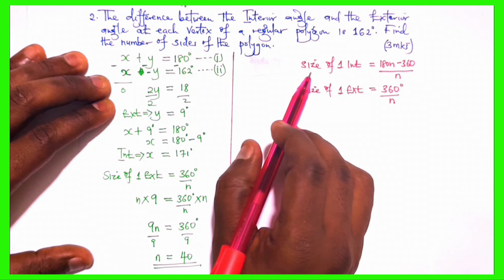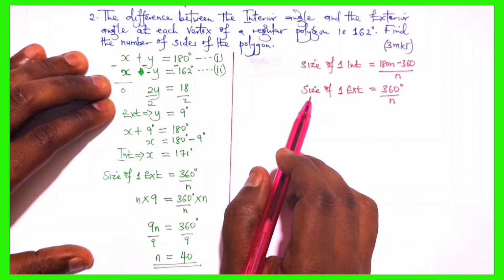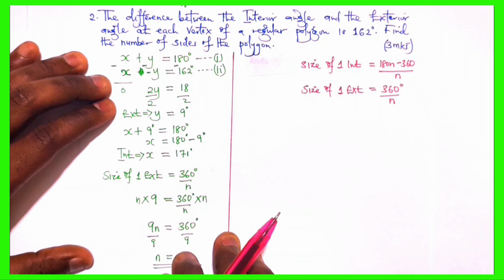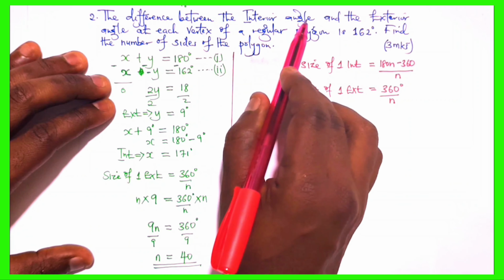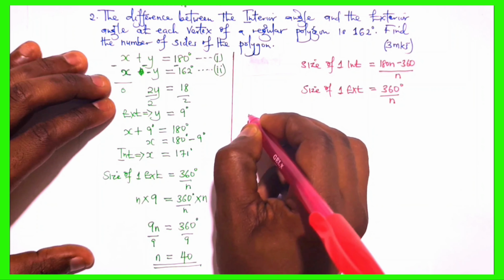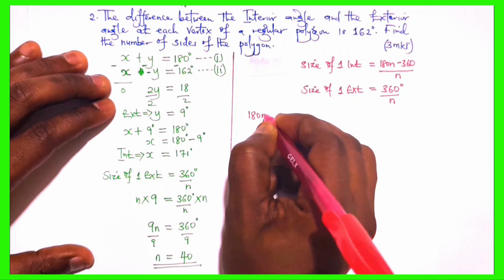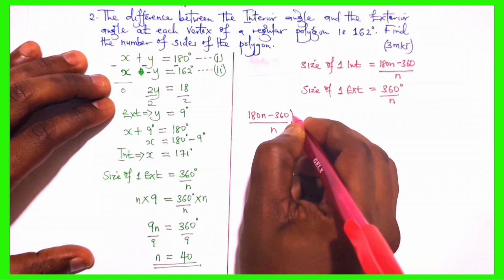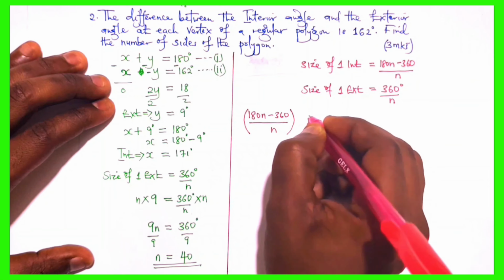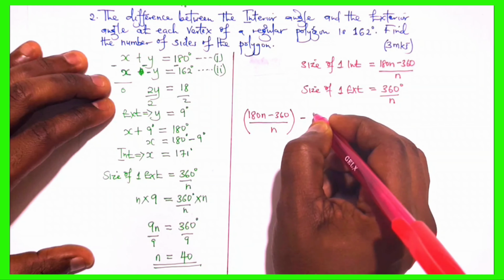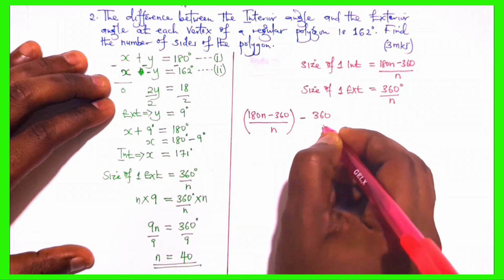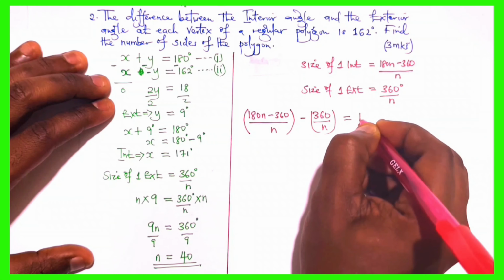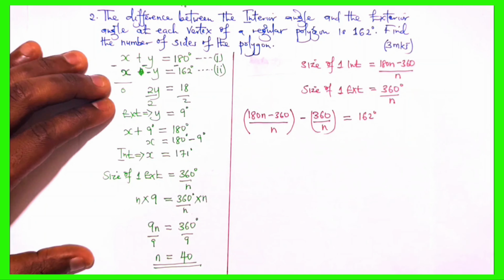And this is according to the third law, and this other one here is according to the fifth law. So then we'll be in a position to say that the difference between the interior angle and the exterior angle will be equal to 162 degrees.